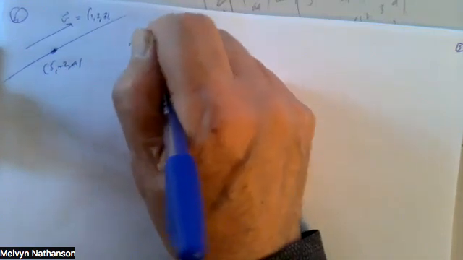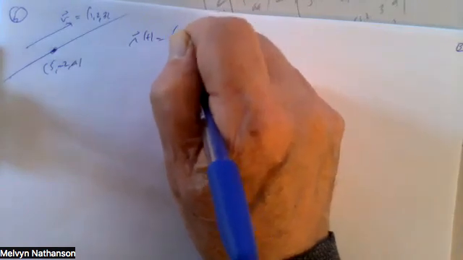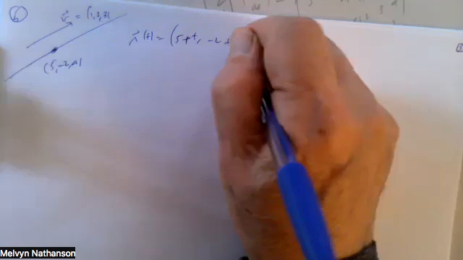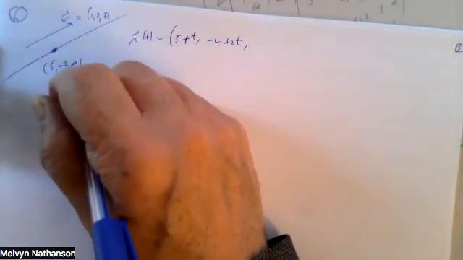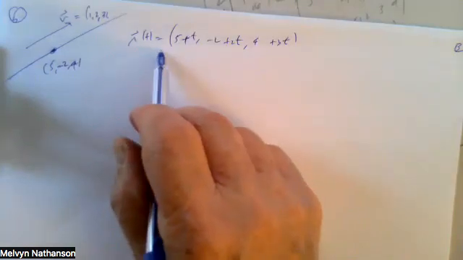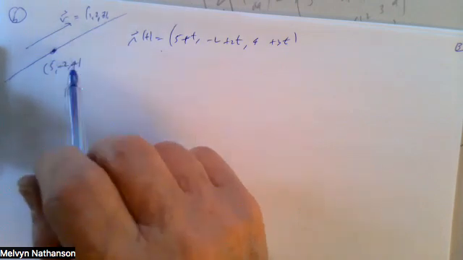So x of t will be 5 plus t. y of t is minus 2 plus 2t. z of t is 4 plus 3t. So these are the parametric equations of the line through this point in the direction of the vector 1, 2, 3.